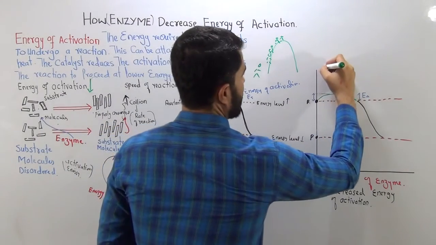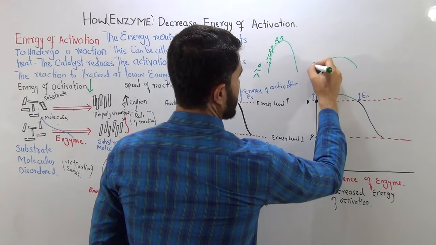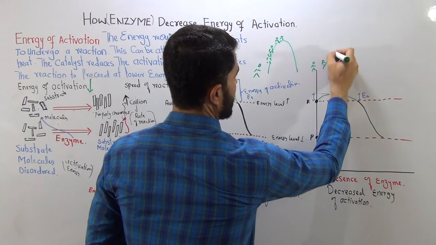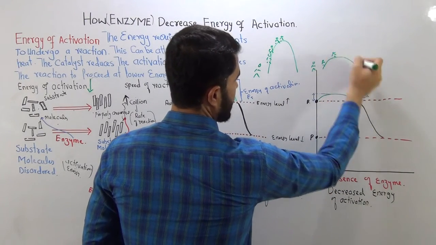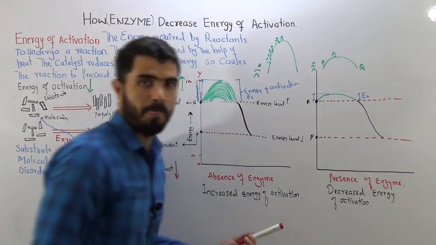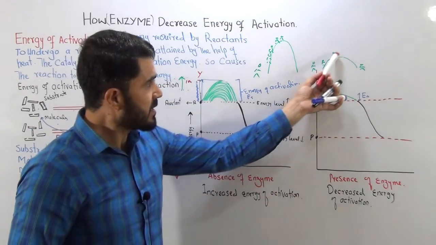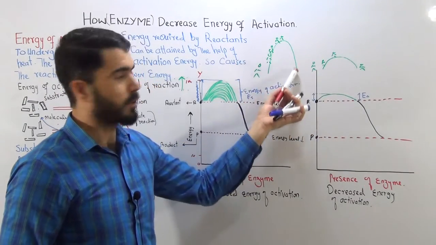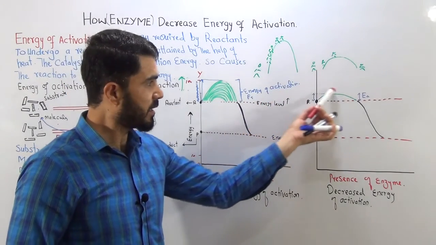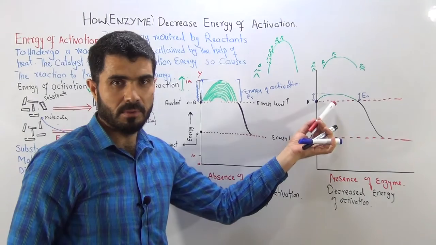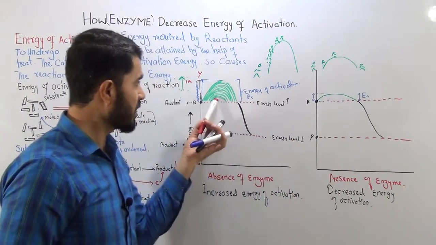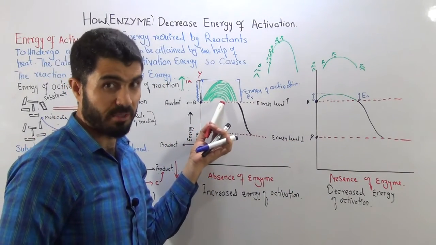But if the rock is like this, this person can very easily climb on this in order to reach here. So there is easiness for this person and difficulty for this person. Similarly, this kind of reaction will happen with speed, and this kind of reaction will happen with difficulty.